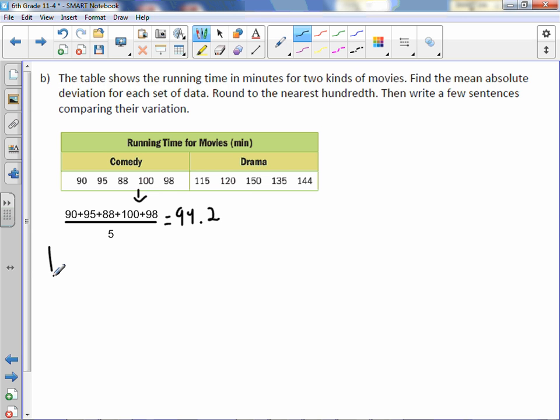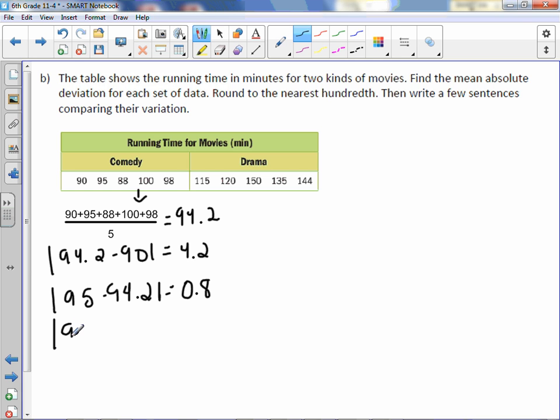Now let's take the mean and subtract each data value. 94.2 minus 90, absolute value is 4.2. 95 minus 94.2, our mean, gives us 0.8. 94.2, our mean, minus 88, absolute value, equals 6.2. 100 minus the mean, 94.2, take the absolute value, we get 5.8.